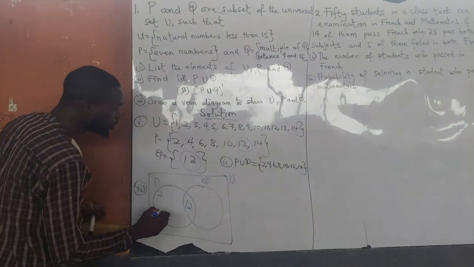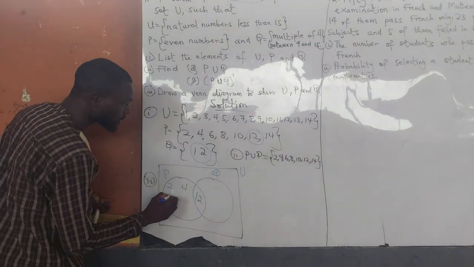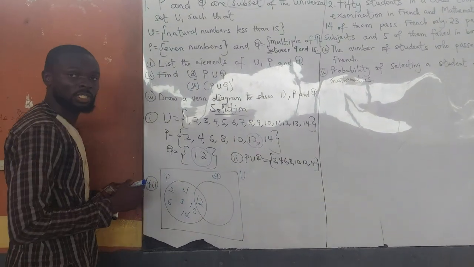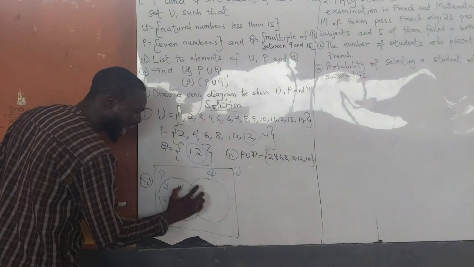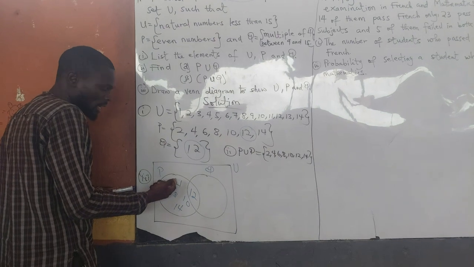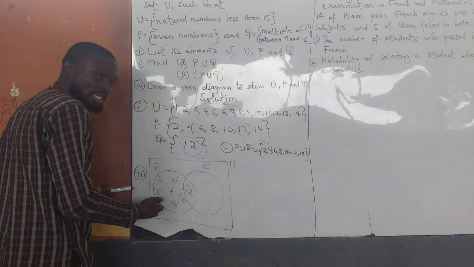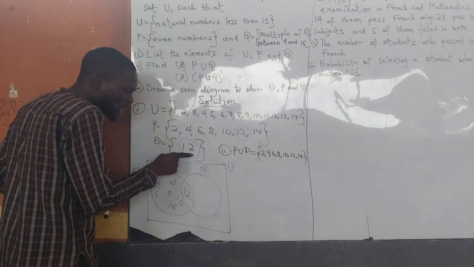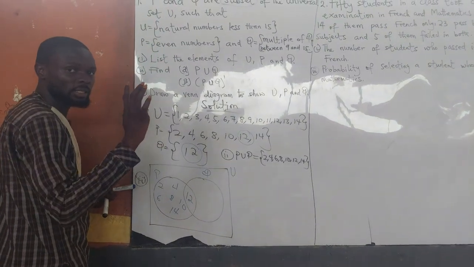So we have 2, 4, 6, 8, 10, and 14. So these are the P only, and this is Q, because in the Q we have only one element.